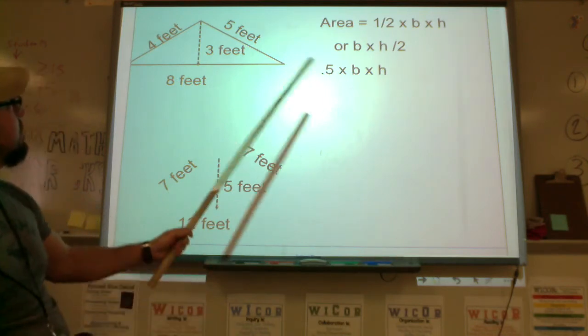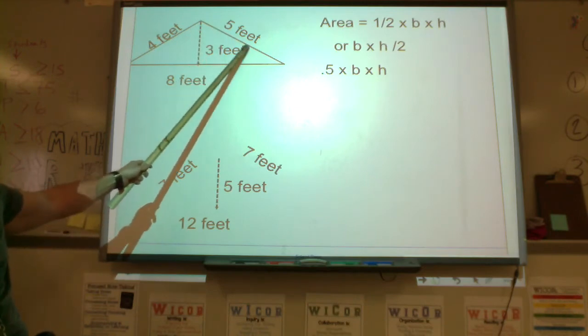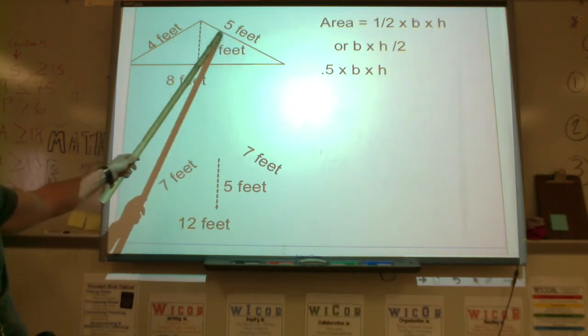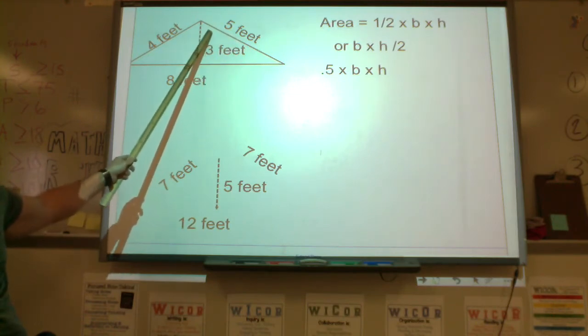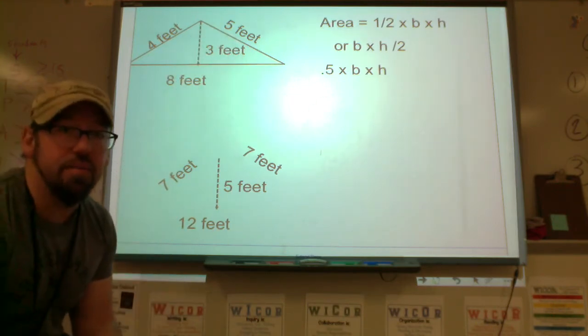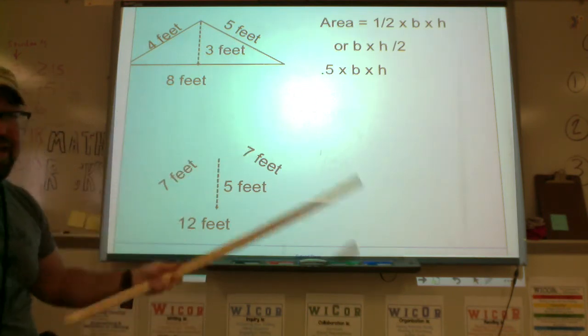So if I see my first triangle up here, my height is 3. Well, this side is definitely not making an L shape with this. It has kind of a goofy angle. A 90-degree angle makes that perfect L, right? So my base is going to be 8 feet.